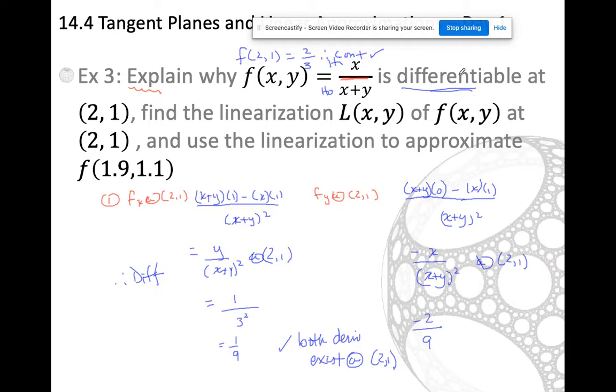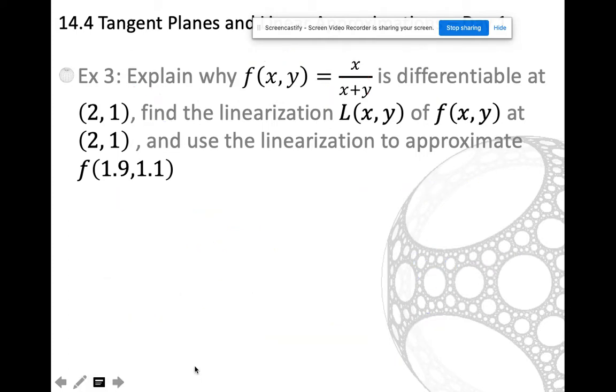Okay, so I've done the first part, check. Now find the linearization, which just means write the equation of the tangent plane. So to show differentiable: partials exist, function continuous at the point.